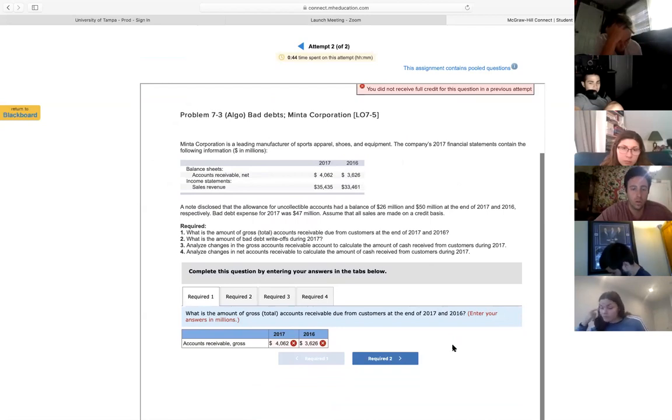No. So it should just be 4,060 or 4,062 minus whatever, right? Oh, plus. So you add your allowance, you don't subtract it. Accounts receivable minus your allowance equals net accounts receivable.